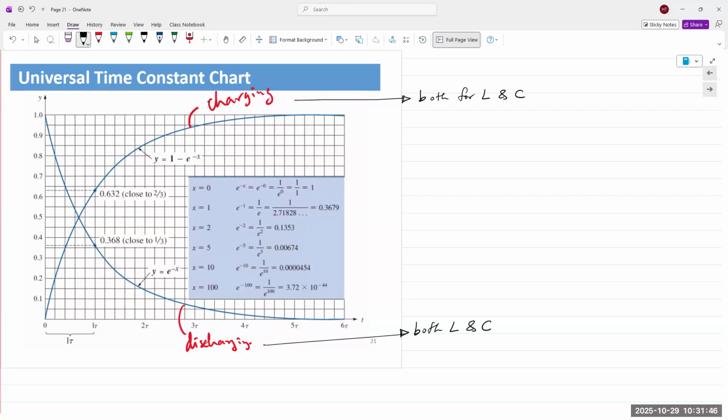Okay. So this is the form that has been observed no matter what the circuit is, no matter what the component is, whether it's inductor, capacitor, whether it's charging or discharging, it is always exponential in nature, and it always follows this pattern. Okay, yes.